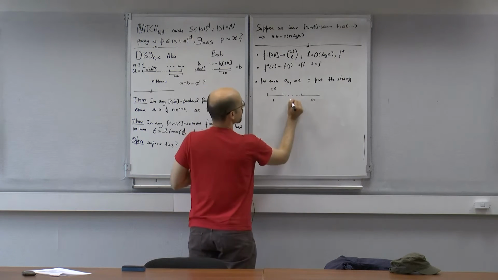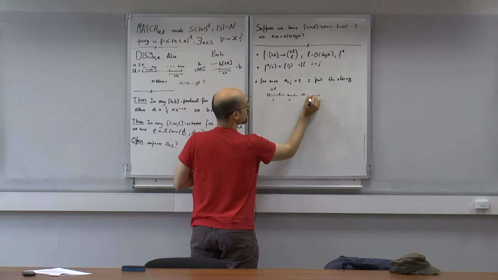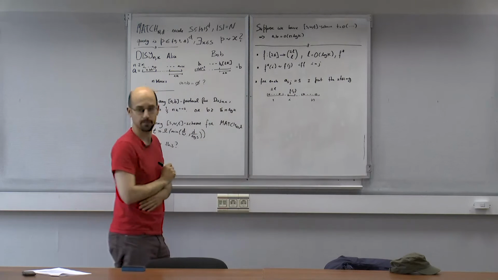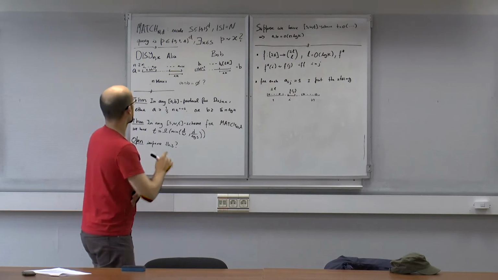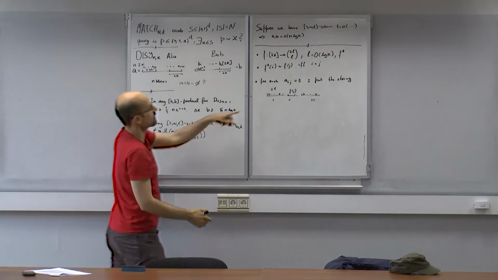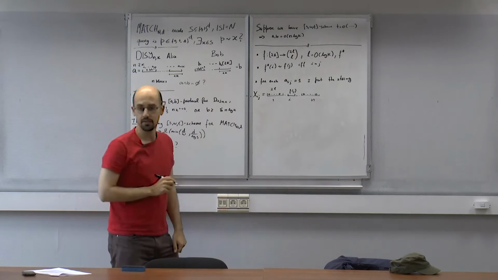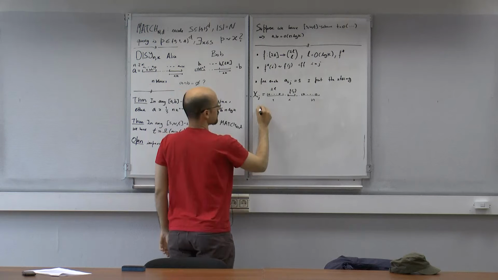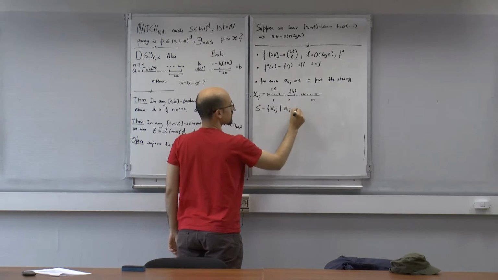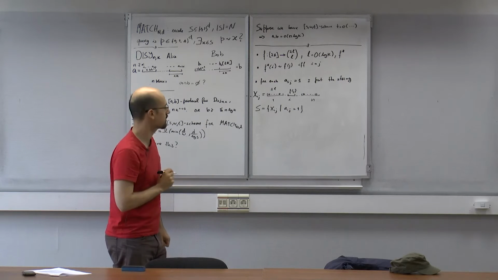On all the blocks except the ith, I put zeros, and on the ith block, I put f of j. For each bit aij that is 1, I add this string, let's call it xij, to my set S. So S is the set of xij's such that aij is 1. That's what Alice does.